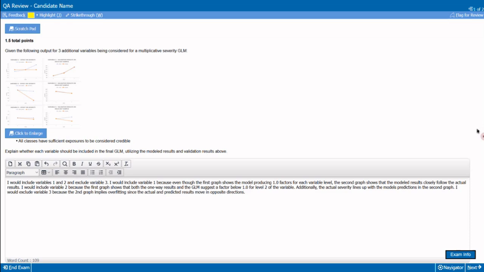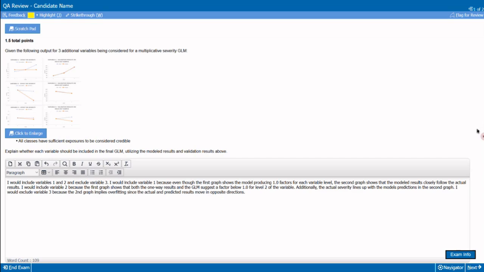They referenced the chart for variable 1 saying that the model had a good fit, which is accurate. Where there was a mistake was noting that the 1.0 factor produced no predictive value. And so the conclusion was wrong because that would mean that you should not include variable 1.